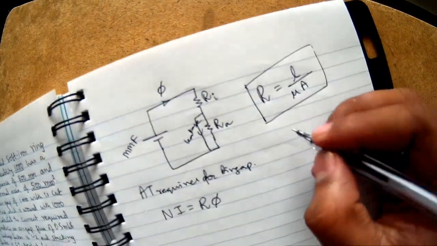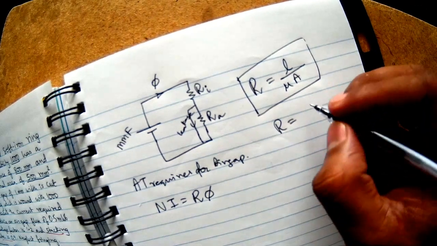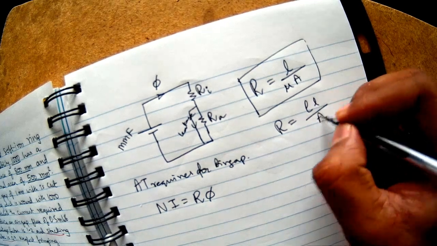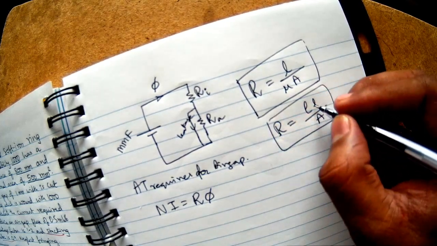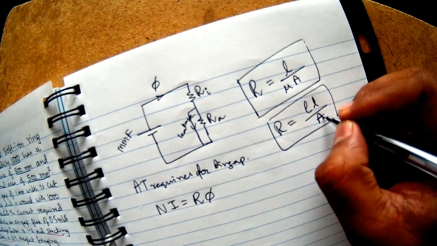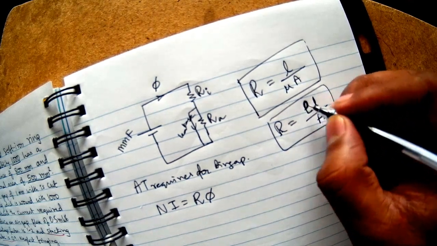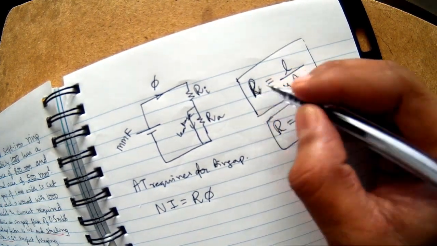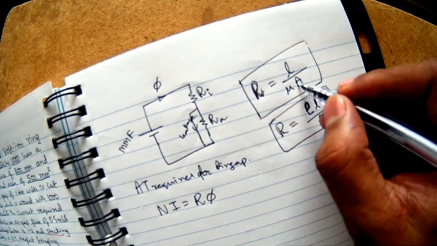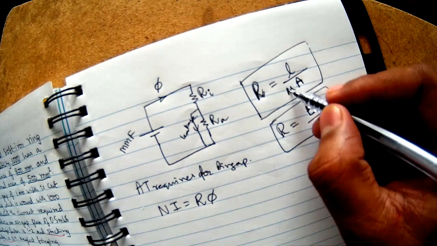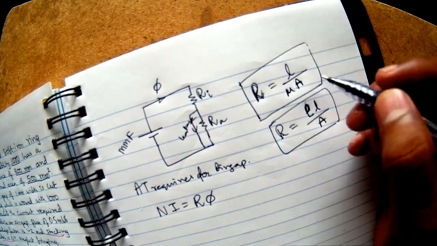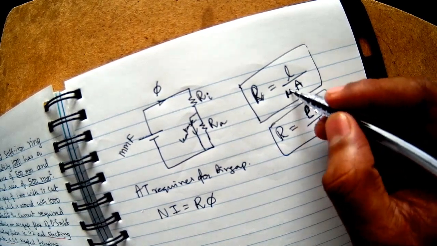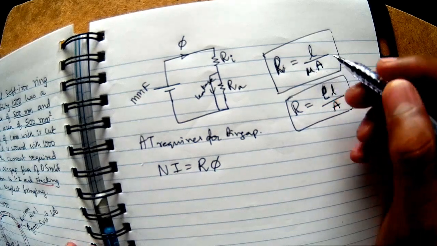You remember for an electrical circuit, resistance is nothing but rho L by A. Resistance is proportional to the length, inversely proportional to cross section area, and proportional to resistivity. Similarly, for the magnetic circuit, the reluctance is proportional to the length of the path and inversely proportional to the area of cross section, and mu is also a constant of proportionality. The mu, the constant of proportionality, is in the numerator there, but here it is in the denominator. It doesn't matter. It's how we define it.